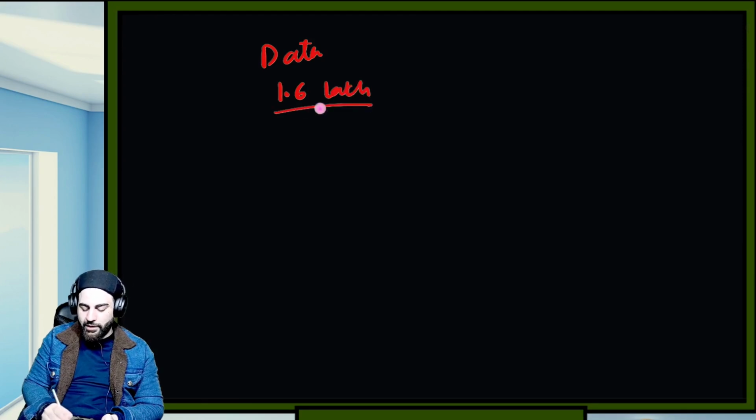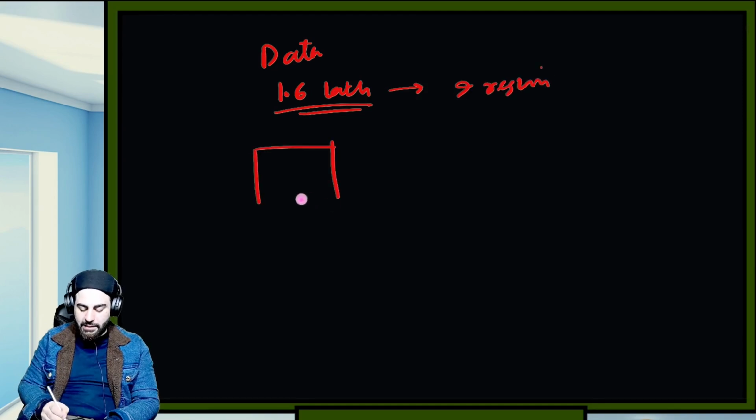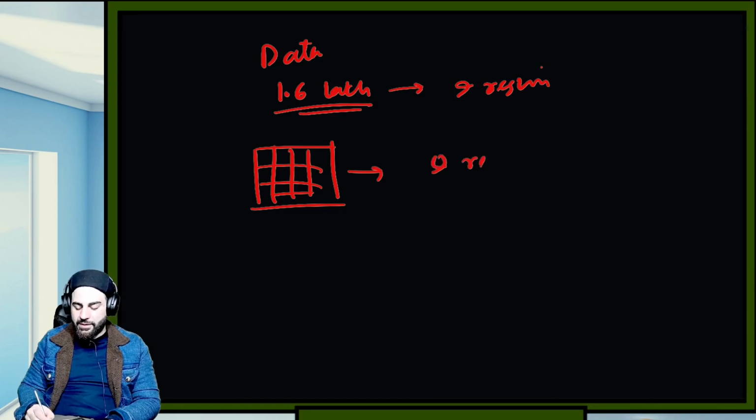Each data point was an image, and in each image on average 9 regions were selected. So this made it around 1.4 million records.